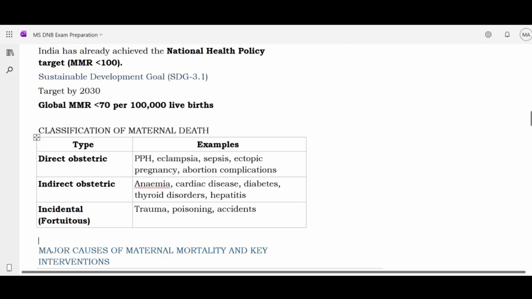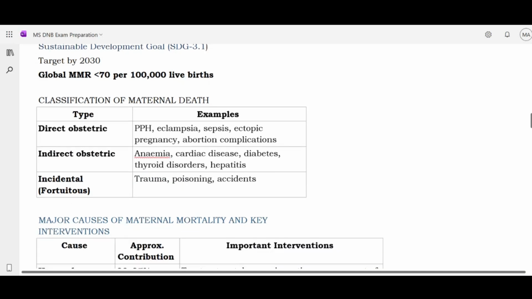Then coming to the classification of maternal death. Maternal deaths are classified as direct obstetric death, indirect obstetric death, or incidental death. Direct obstetric deaths are where the cause is directly related to maternity, like PPH, eclampsia, sepsis, ectopic pregnancy, abortion complications, etc. Then you have indirect causes like anemia, cardiac disease, diabetes, hepatitis, thyroid disorder, or CNS related causes.